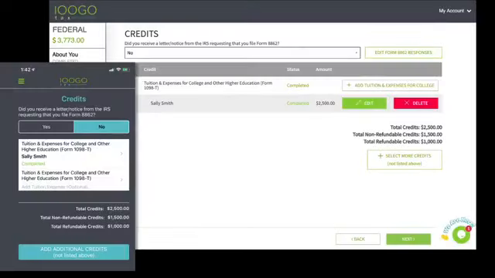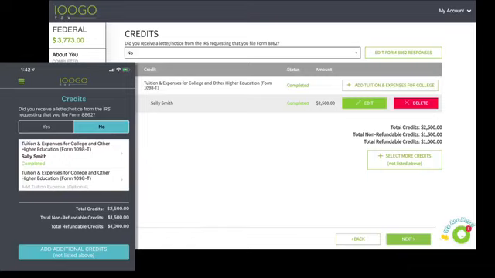the pertinent information. So there we go, credits. We talked about credits, and that's the screen that we use with IOOGO Tax to help you enter all this information. Let's see. All right, it doesn't seem to be working with my screen today.